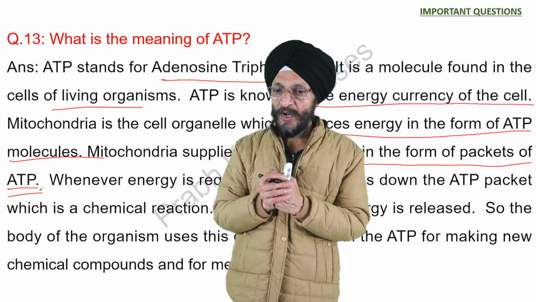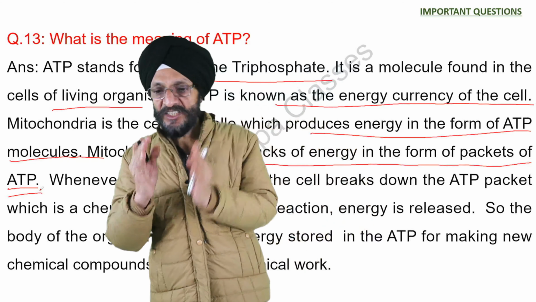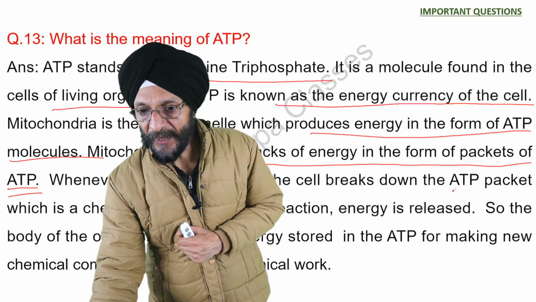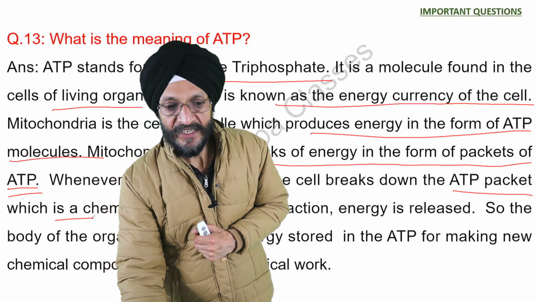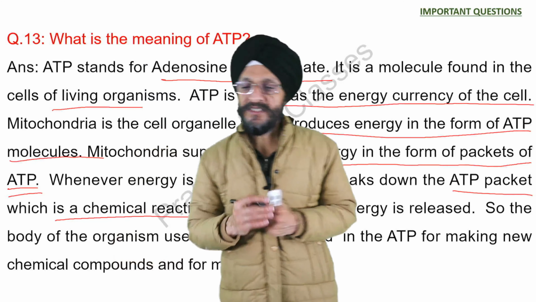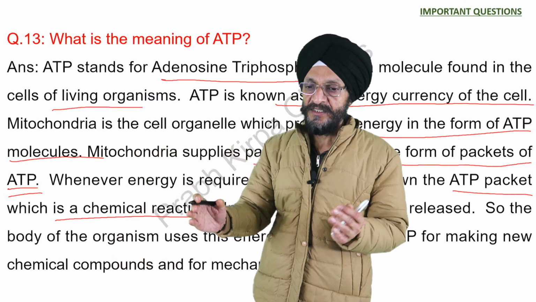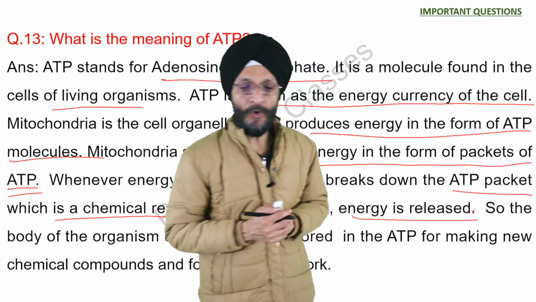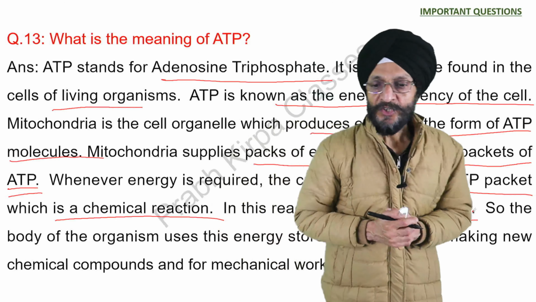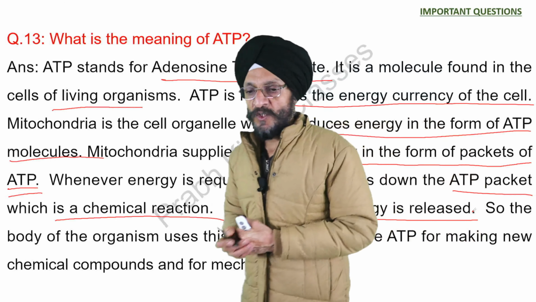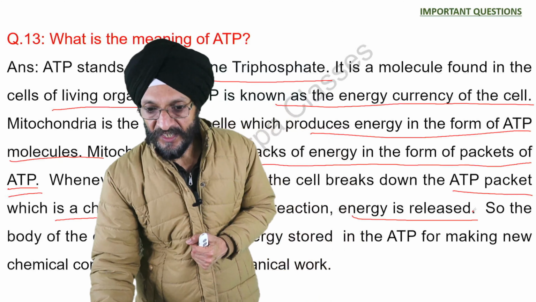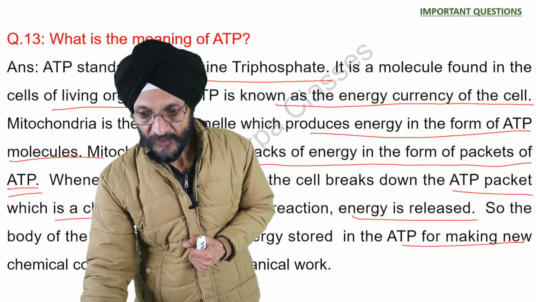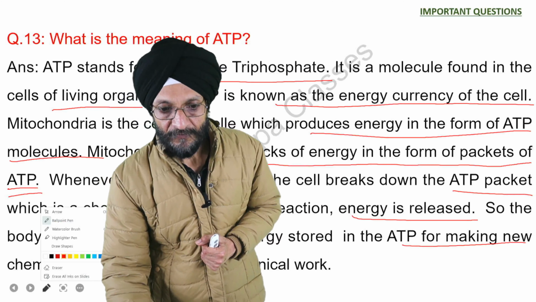Whenever energy is required, the cell breaks down the ATP packet, which is a chemical reaction. In this reaction, energy is released. So the body of the organism uses this energy stored in the ATP for making new chemical compounds as well as for mechanical work.